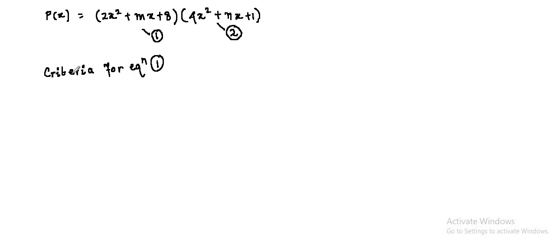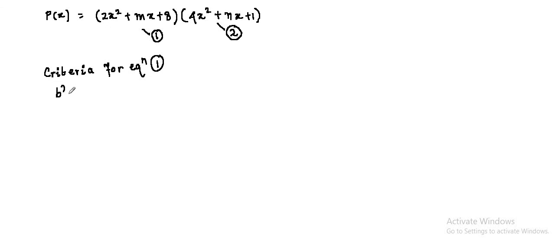Here you will find that this is a quadratic equation, and we already know that to have 2 distinct real roots, the condition is that its discriminant is greater than 0.